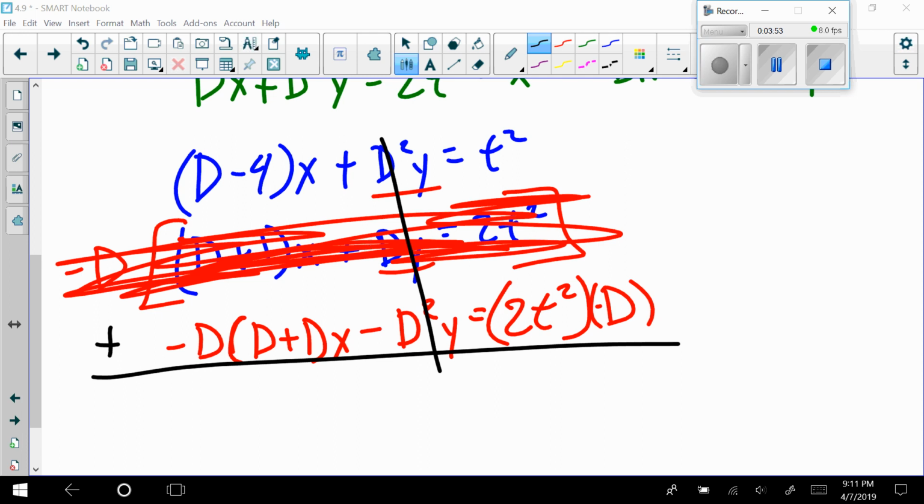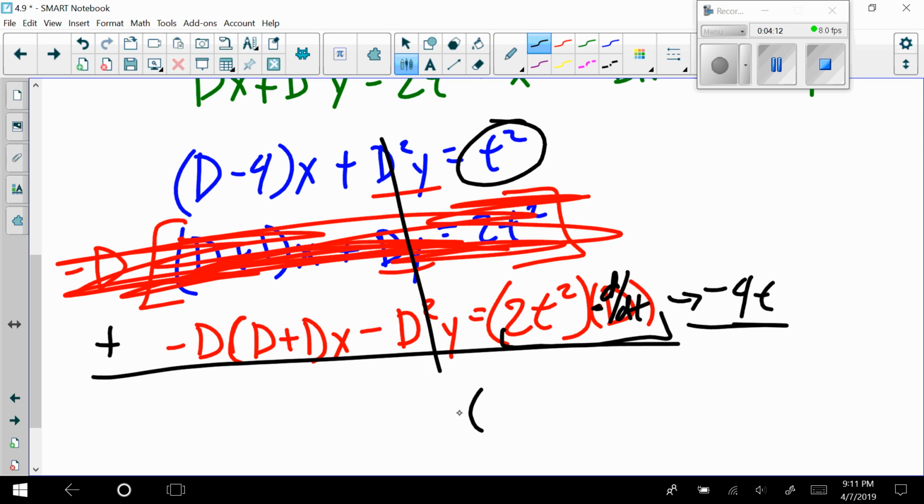And I think it's super smart here that we realize that this is d/dt, which means this is the negative derivative of t. Oh, that means this whole thing right here is actually just 2 times 2, that'd be a 4t, and it's negative. I'm adding, though, so when I take this and this, I'd have t squared minus 4t. That's on the right side.